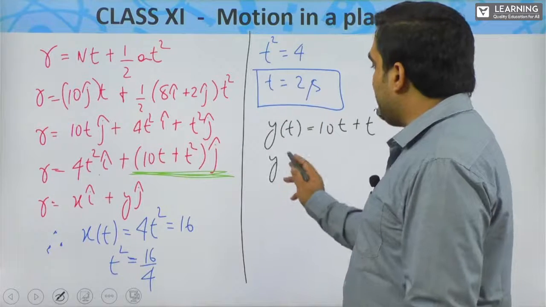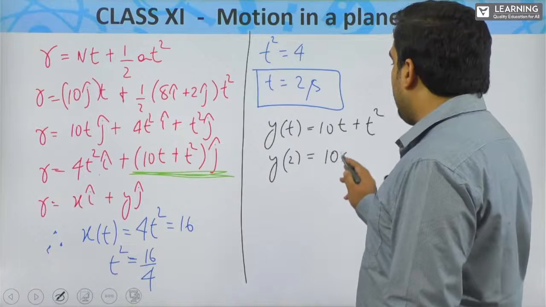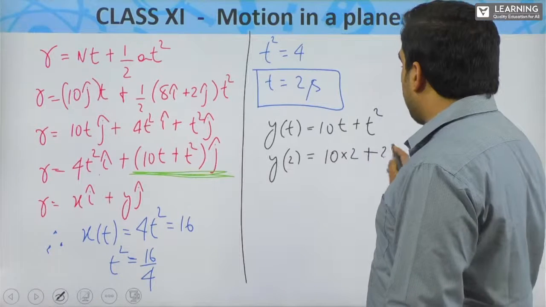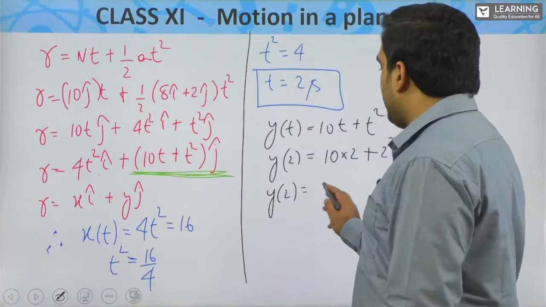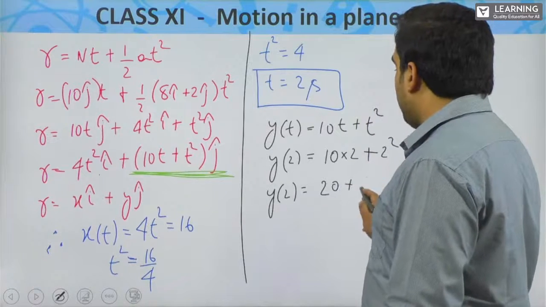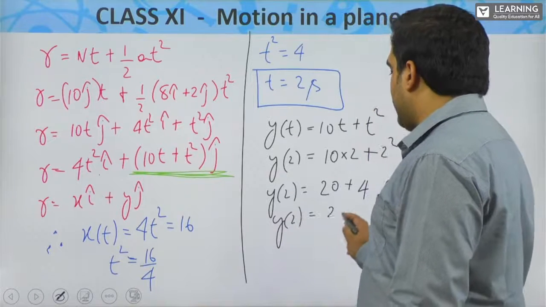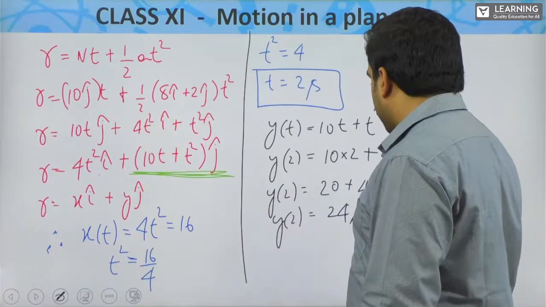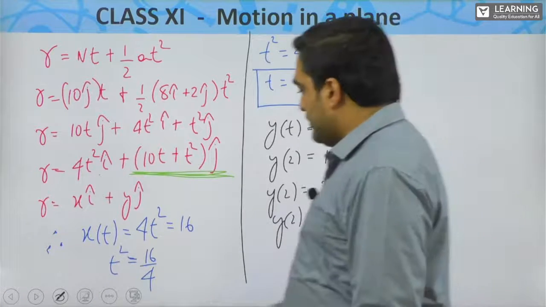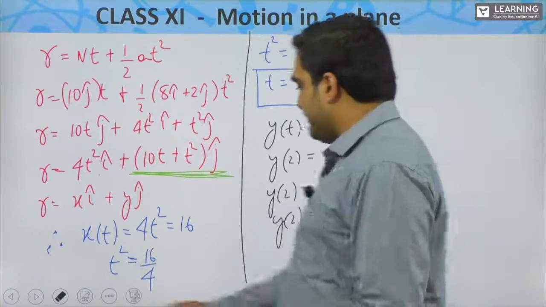So by substituting the value of t as 2, you get 10 times 2 plus 2 square. So y of 2 is equal to 20 plus 4, which is 24. Oh, sorry, meters. This is a y coordinate, so the unit is meters.